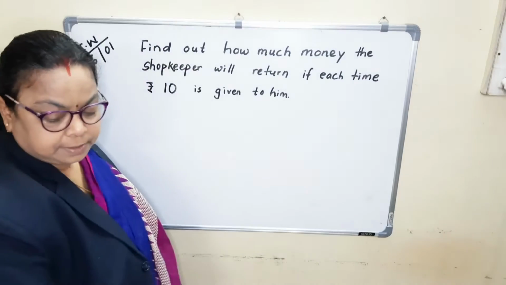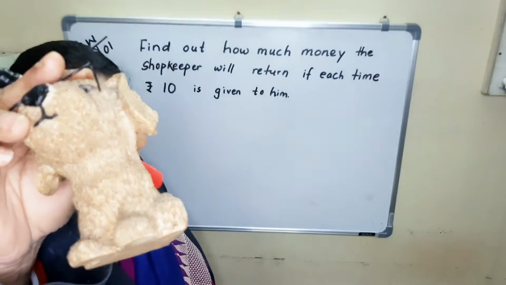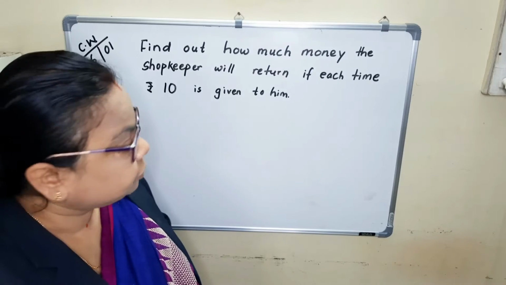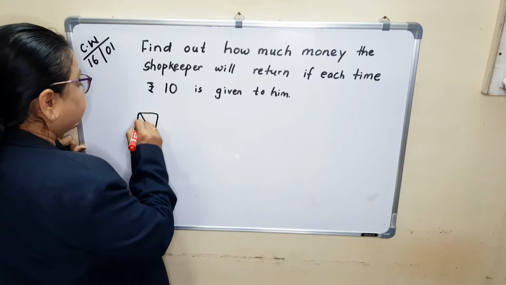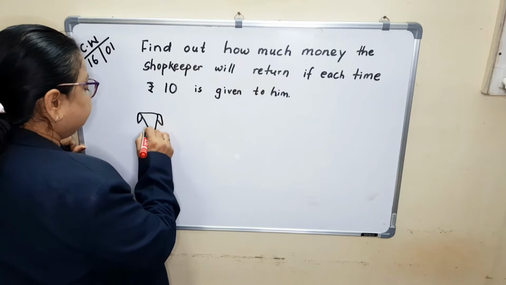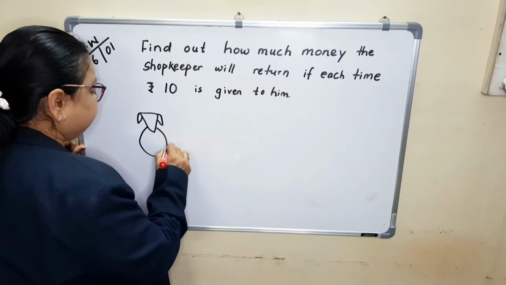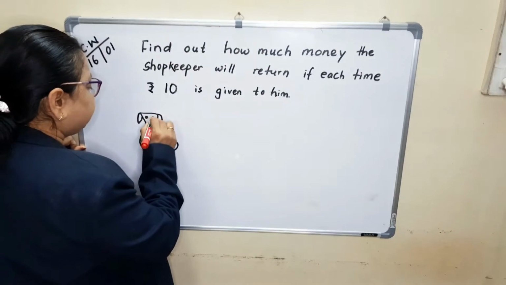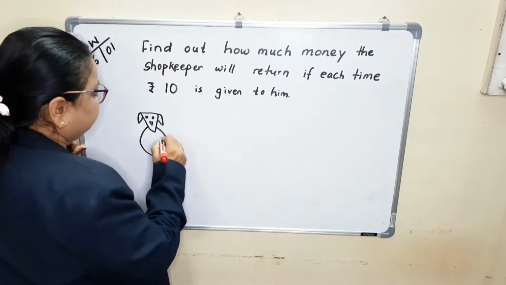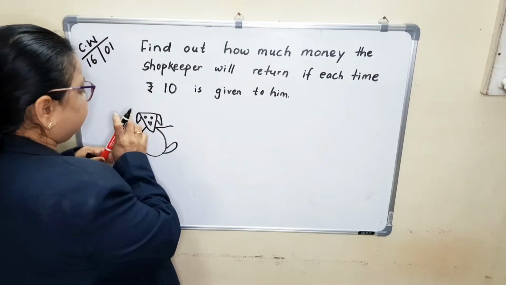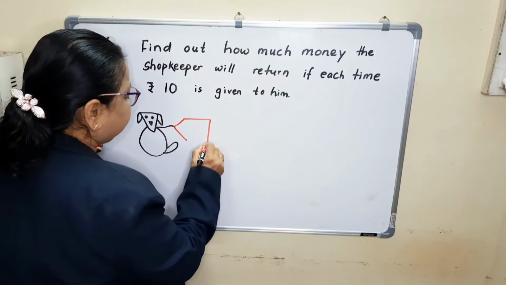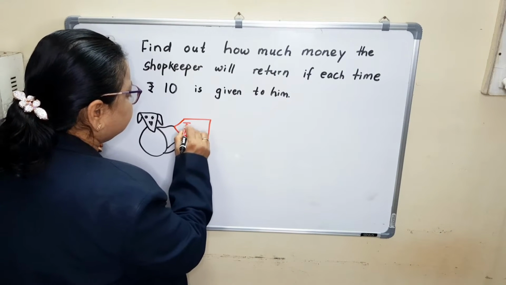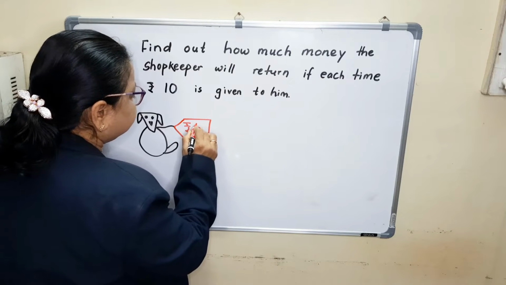So children, the cost of the dog is 5 rupees. Children, so what you see? You see the cost of the dog in case 1 is rupees 5.